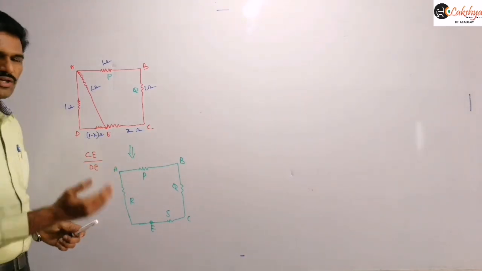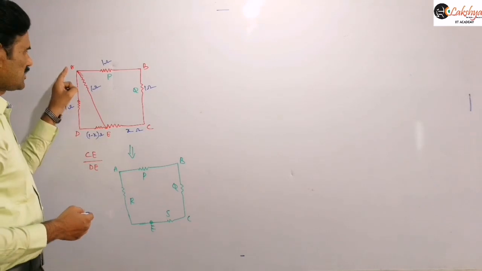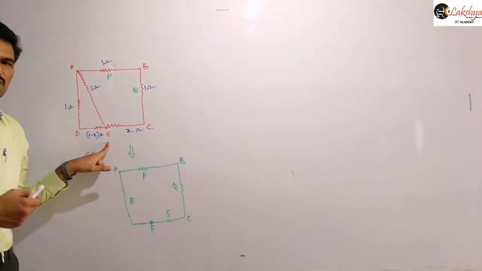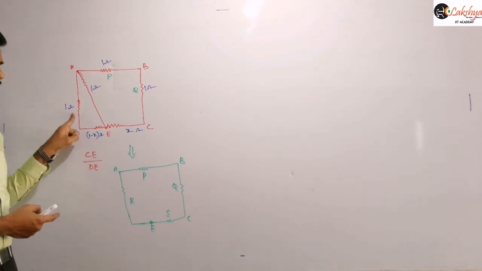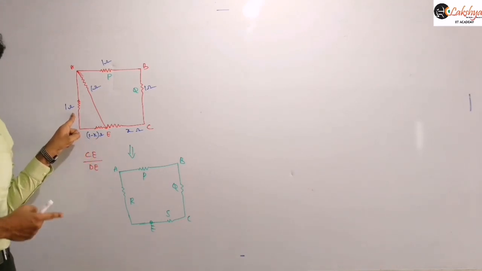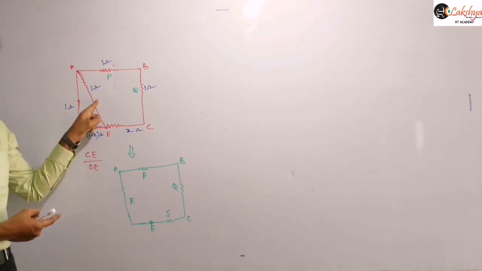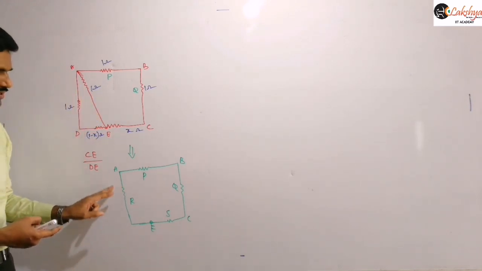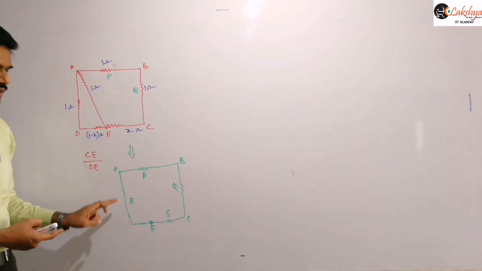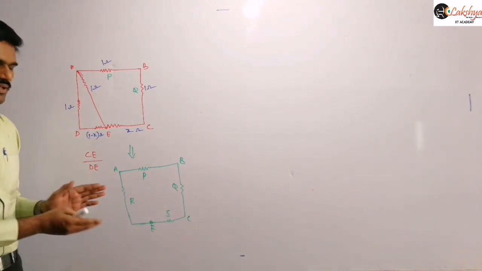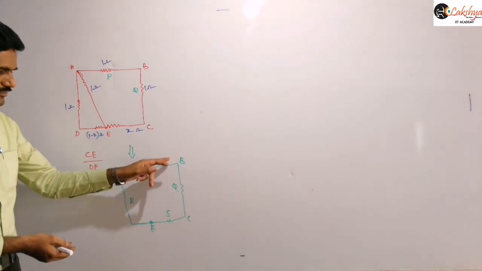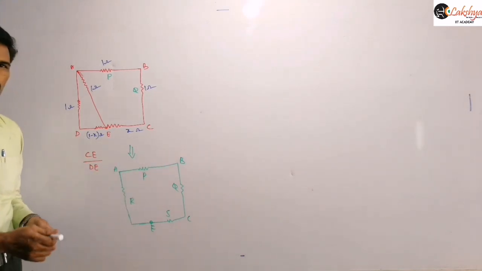Is it clear what we are going to calculate? The effective resistance between A and E. It means this 1 minus X ohms is in series with 1 ohm, and that is in parallel with this 1 ohm here. That gives our effective resistance, which is nothing but this R. Now these are P, Q and R, S. If P by Q is equal to R by S, then the potential difference between these 2 points will be same here.